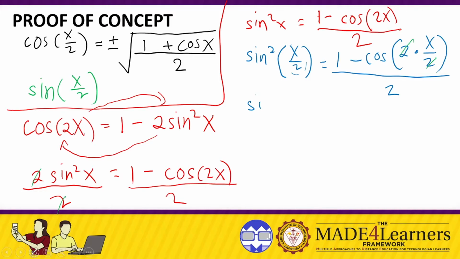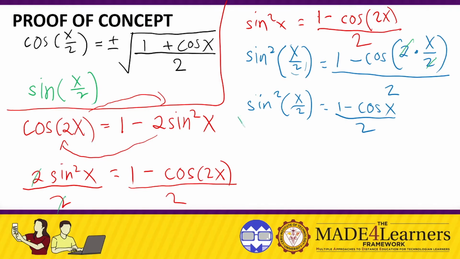So we have now sine squared x over 2 equals 1 minus cos x over 2. But again, we're only looking for sine, not sine squared.